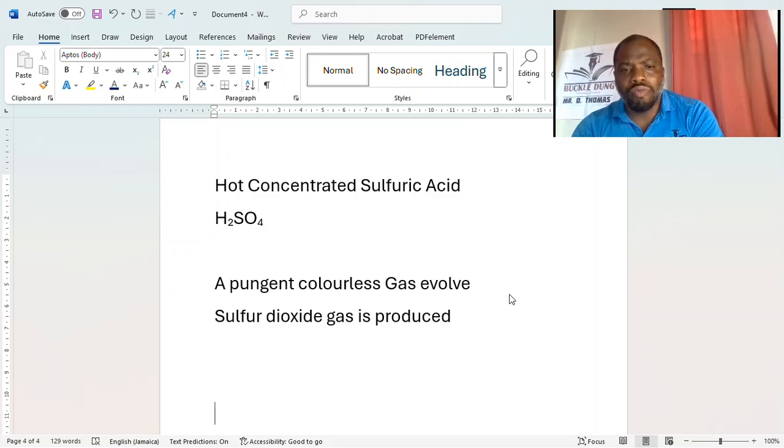So, I'm saying they may just give you the concept of the observation. They might give you a scenario and say that student John or whoever in the lab took a reducing agent and reacted it with an oxidizing agent, and the observation is a pungent colorless gas evolving.